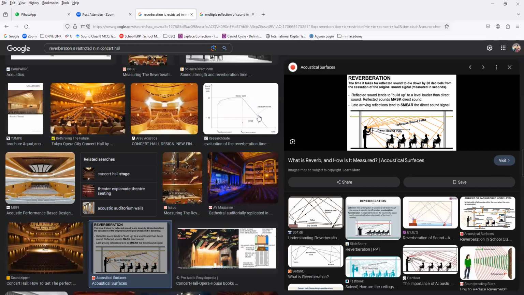Next, heavy curtains are put on the windows, entrance and exit doors.